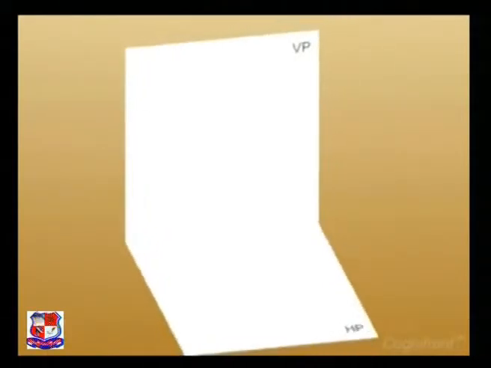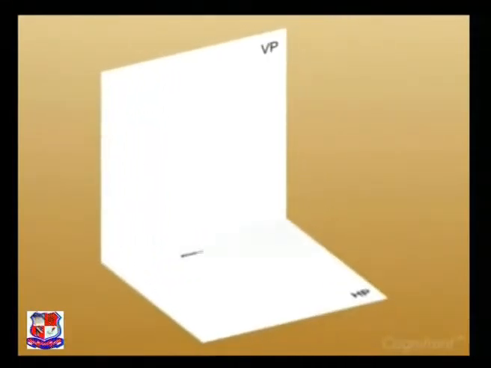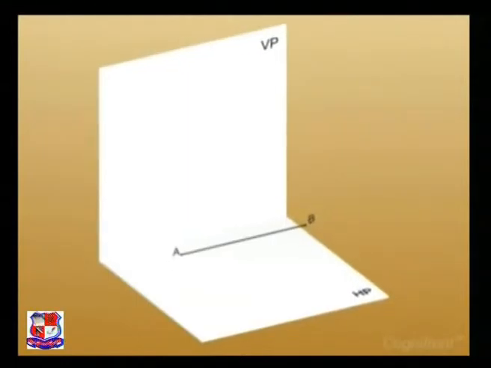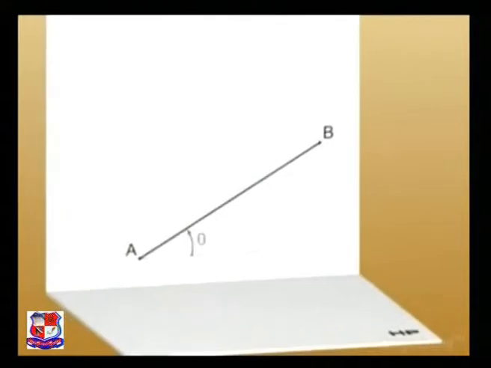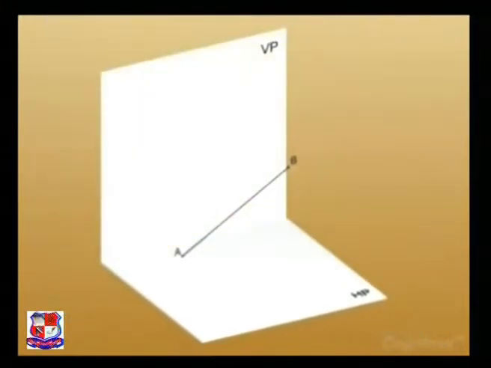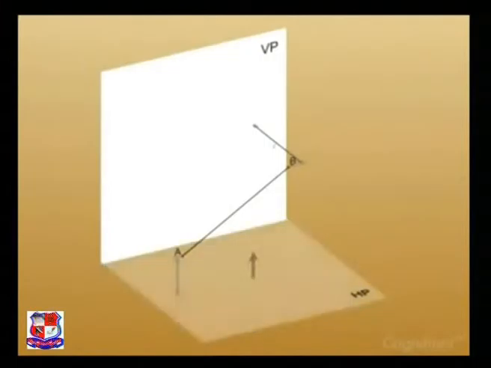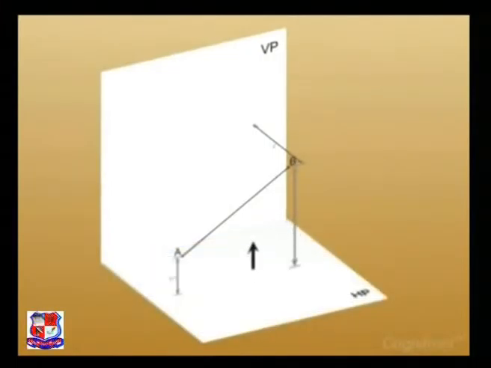Now let us take another case. A line AB is inclined to HP at an angle theta and parallel to VP at a distance of d units. Point A is h1 units above HP while the point B is h2 units above HP.